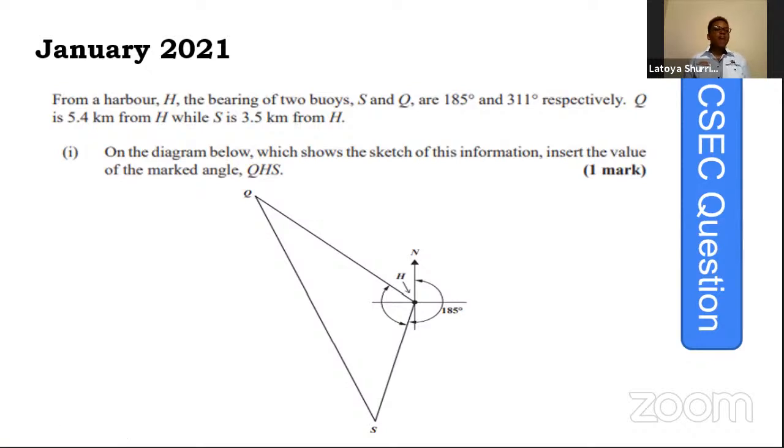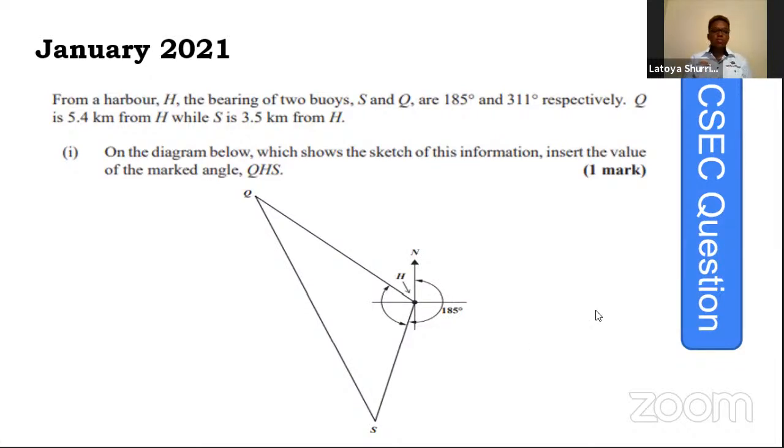Q is 5 4/10 kilometers from H, while S is 3 5/10 kilometers from H. On the diagram below, not drawn to scale again, guys, don't take out a protractor and measure any angles, which shows the sketch of this information, insert the value of the marked angle QHS. So before we can insert the value of the angle, we have to determine what's the value of the angle QHS.